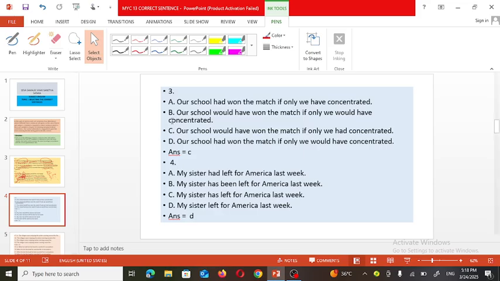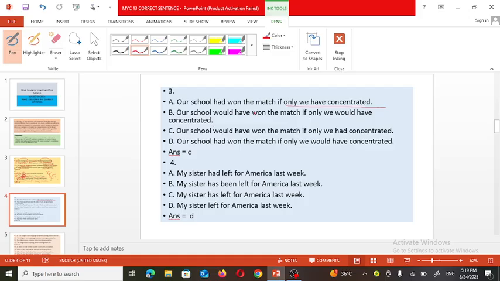Now, third example: our school had won the match if only we have concentrated. Again, our school would have won the match if only we would have concentrated.